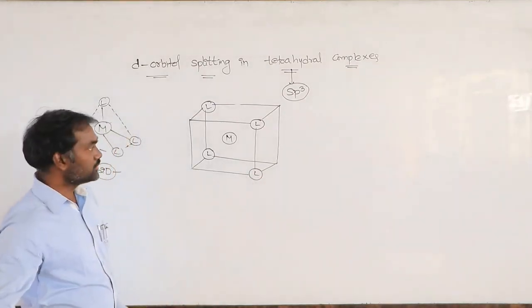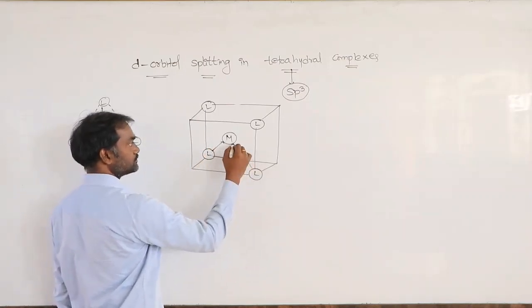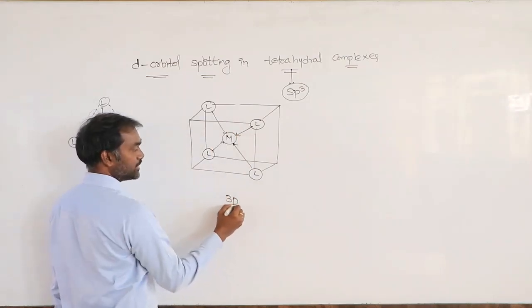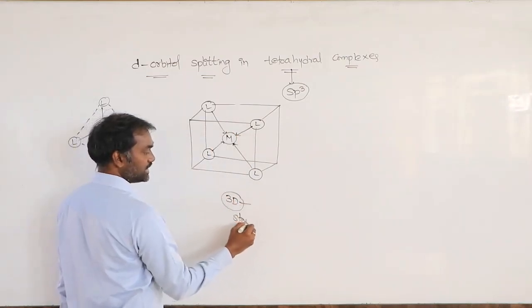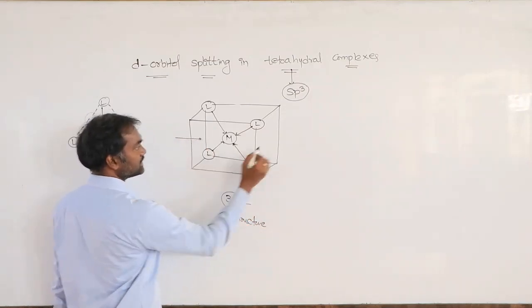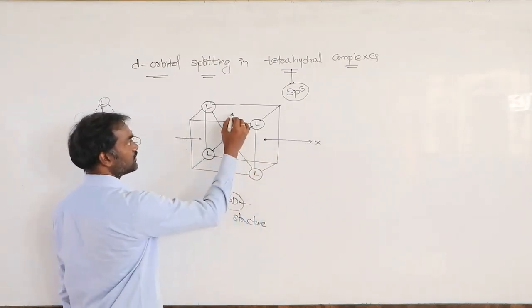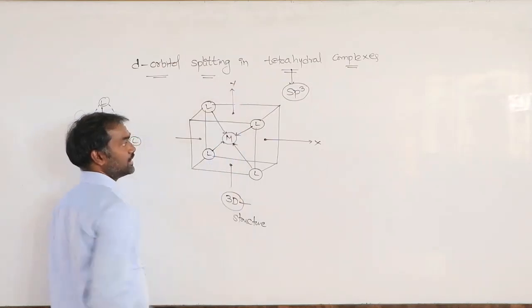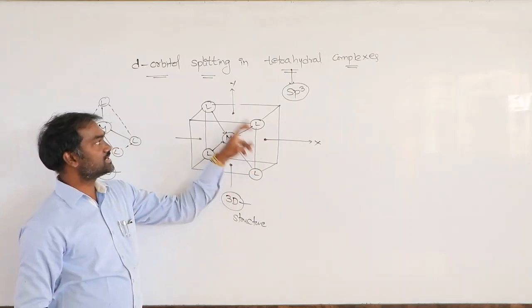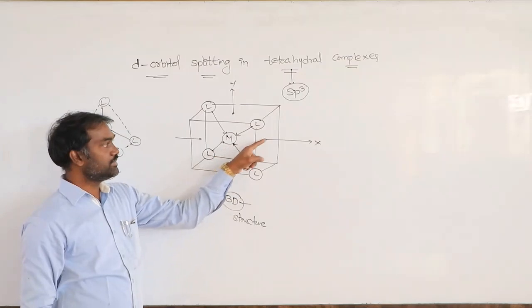So now these 4 ligands are approaching the metal. So this is called a tetrahedral structure in 3 dimensions. So this is the 3D structure. If you see where the axis is, this is the x-axis. Next, this is the y-axis. Next, the z-axis is like this. It will go inside.